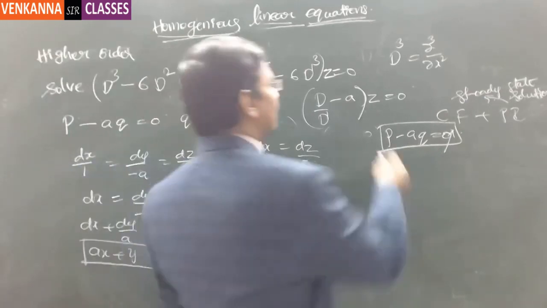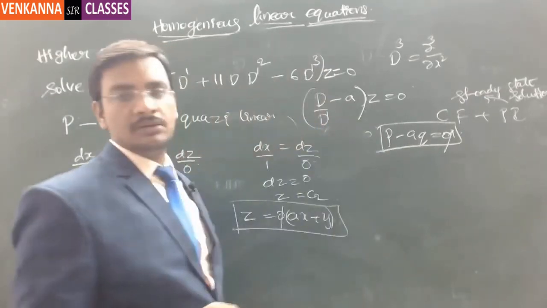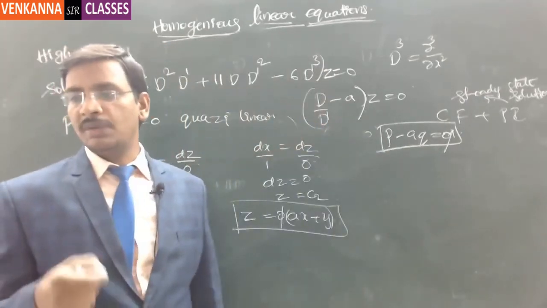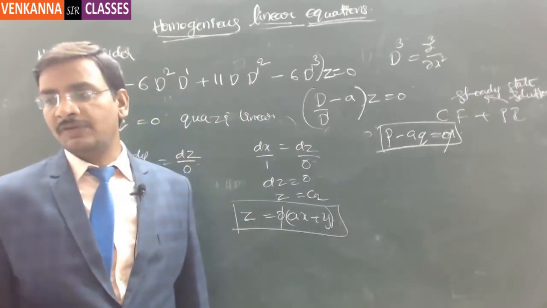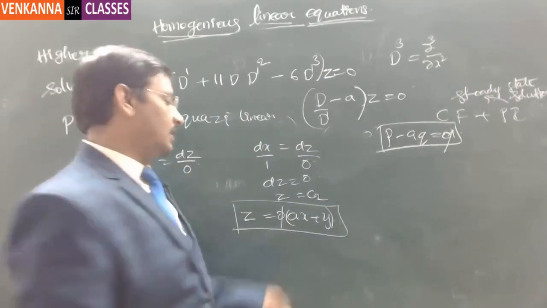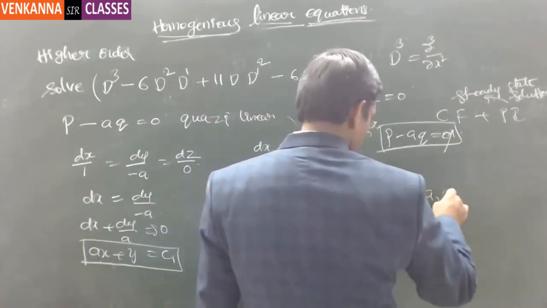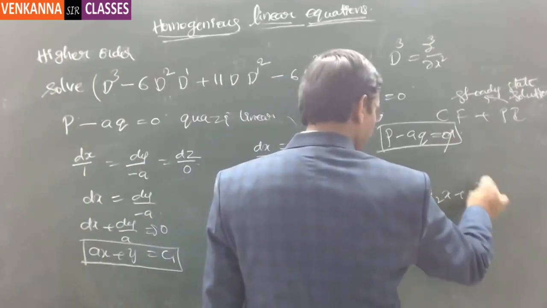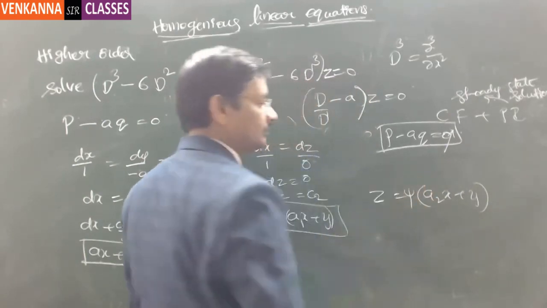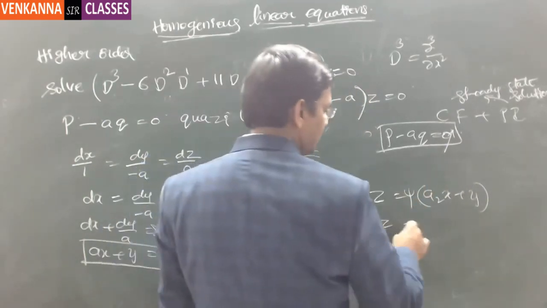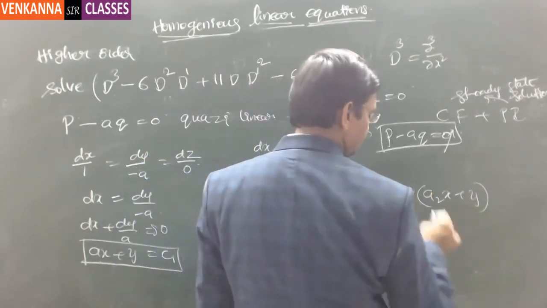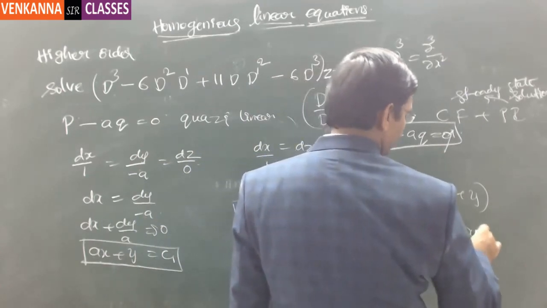Similarly, if you take another factor, m minus 1, m minus 2, m minus 3, three different factors are there. Suppose this is a1, another solution is z is equal to a function of a2x plus y. Similarly, z is equal to some xi of a3x plus y.